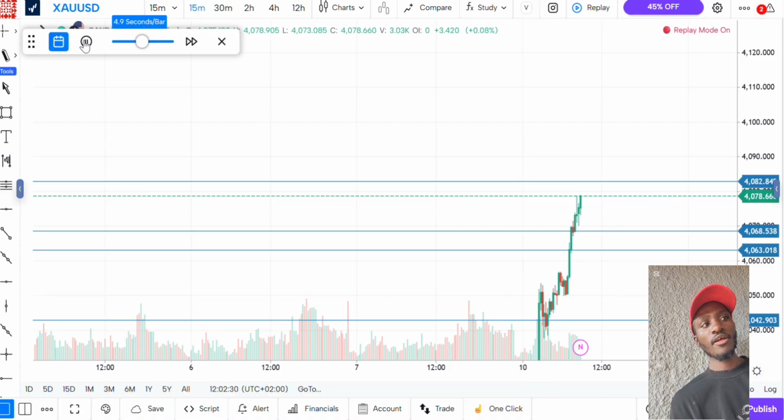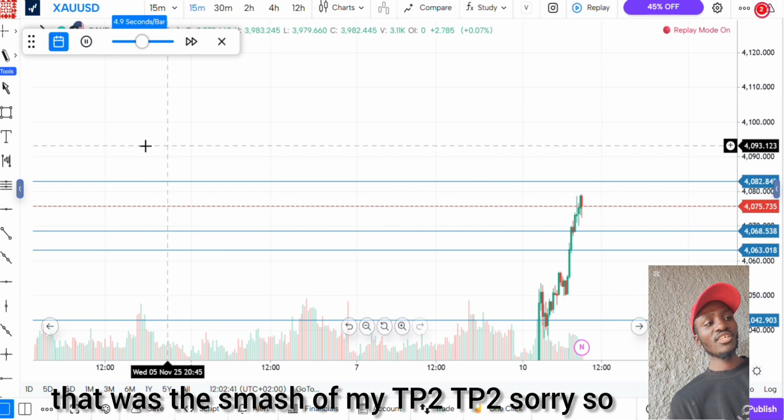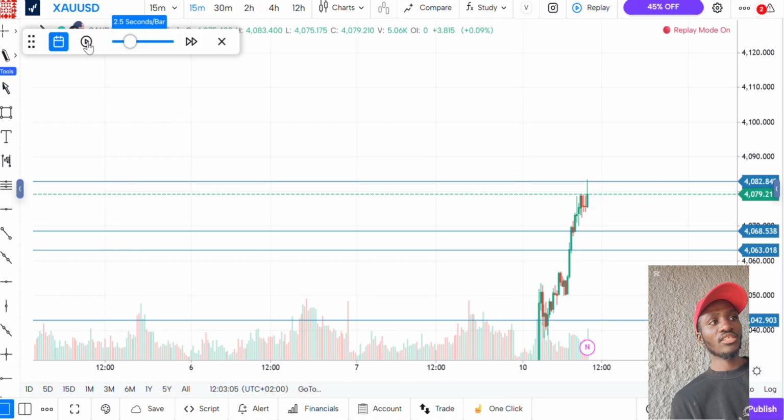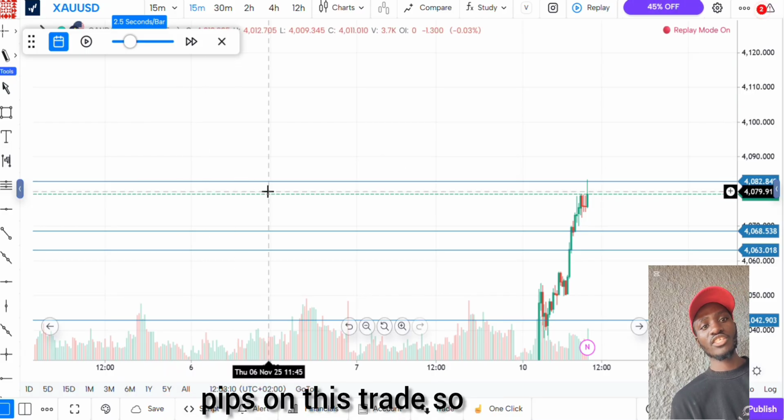Then boom, that was the smash of my TP2. So that is basically how I caught 100, and it is actually 120 pips on this trade.